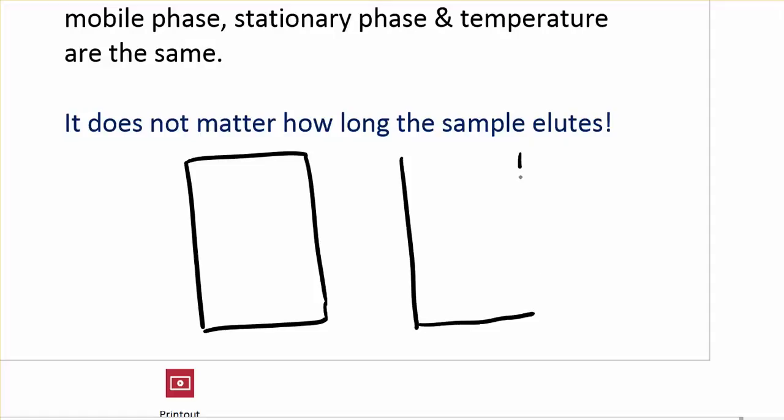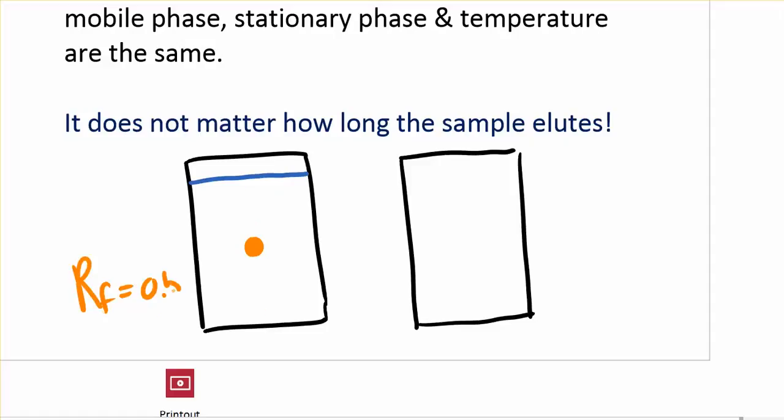So if we run 2 chromatograms, and one we run a really long time, and say our sample ends up in the very middle, so this would be an RF of about 0.5, wouldn't it?